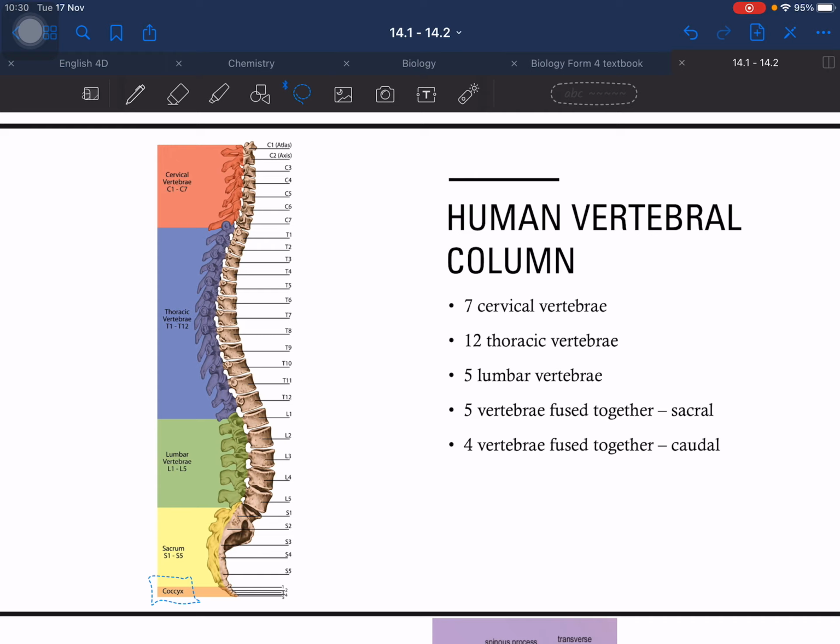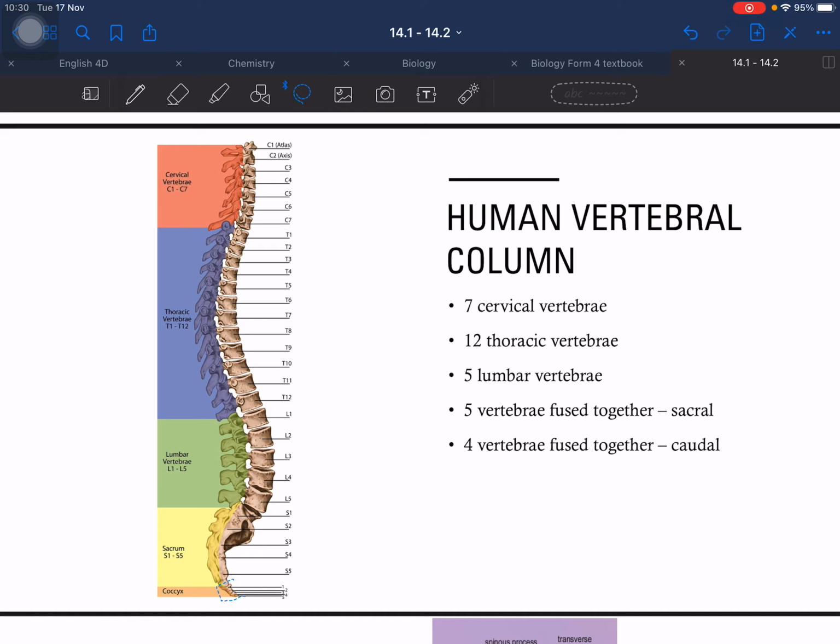So you have 7 cervical vertebrae, C1 to C7, 12 thoracic vertebrae, T1 to T12, 5 lumbar vertebrae, L1 to L5, and then you have your 5 vertebrae or bones fused together to create a triangle, which is the sacral, and here, sacral, the big part, and your caudal will be 4 vertebrae fused together.